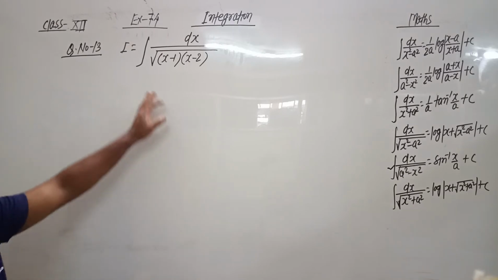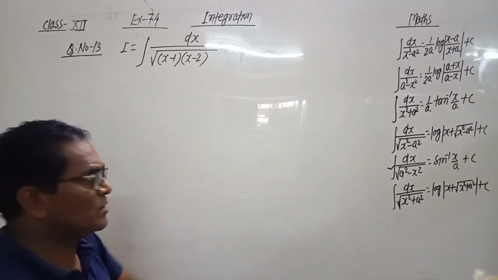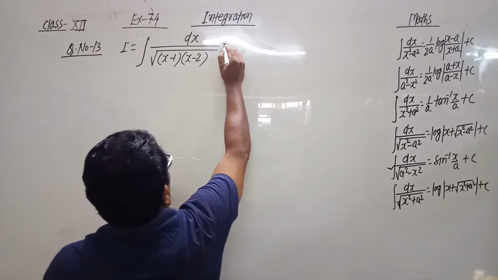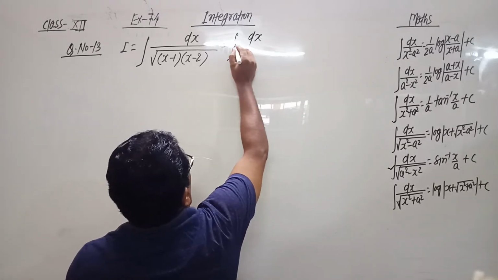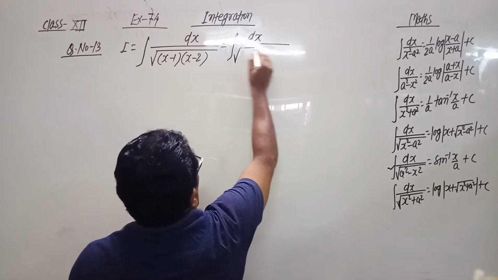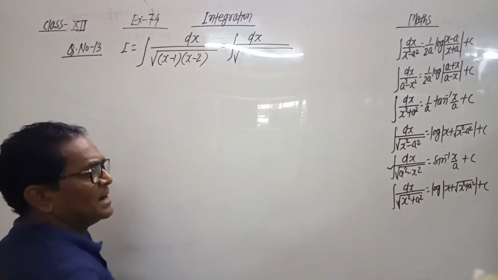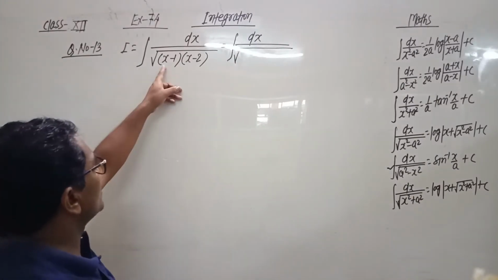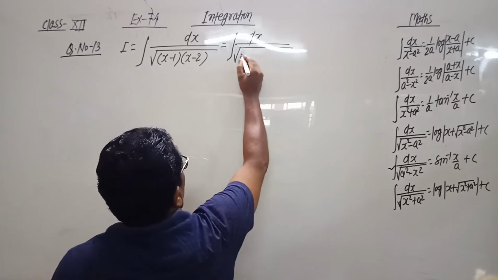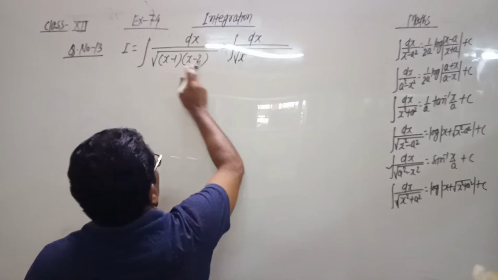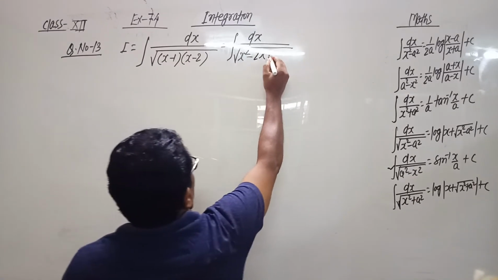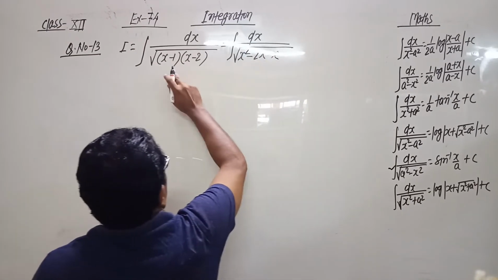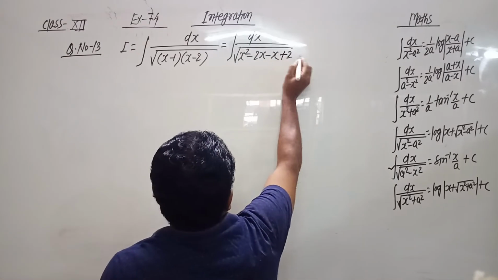So in the very first step we will expand the denominator by expanding the bracket terms. Integration dx upon under root of, remove the bracket by multiplying together. So x multiplied by x becomes x square, x into minus 2 is minus 2x, minus 1 into x is minus x, and minus minus plus 2.